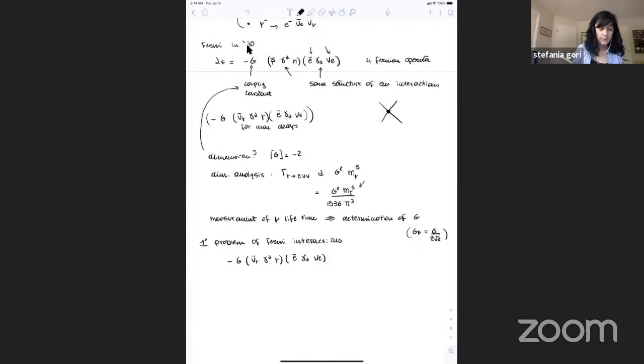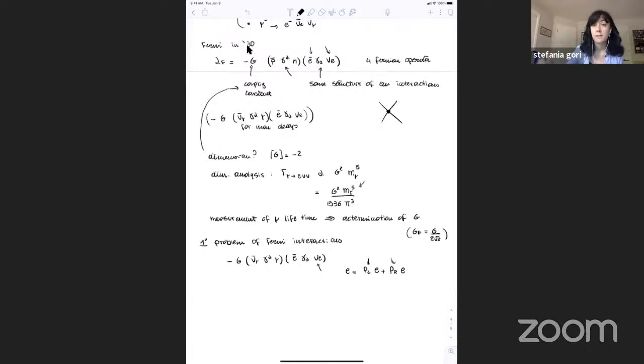And then what you can do is to split your fermions in terms of left-handed and right-handed fermions. So, for example, e you can write as P left e plus P right e, where these are the left-handed and right-handed projectors that we introduced yesterday.